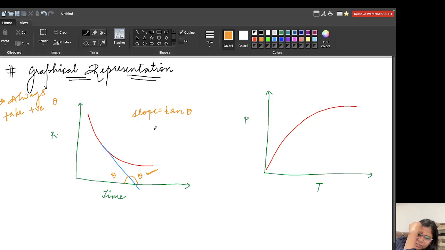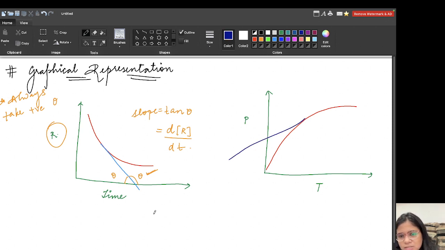And what is your tan theta? dr by dt, change in y-axis divided by change in x-axis. Now similarly, for the product side, I'm drawing a slope like this. I cannot make an angle anywhere with this axis; I need to make it with the x-axis only, so I need to extend this line.